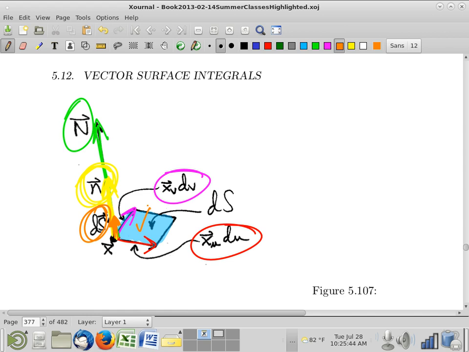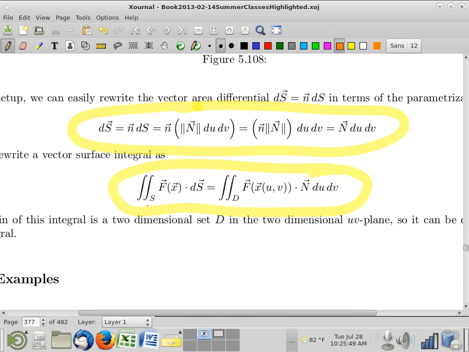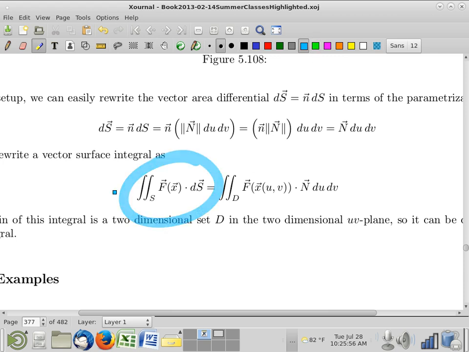And let's notice then that I've got everything that I need to compute. Specifically, if I'm interested in computing this, I'm interested in computing a flux, a vector surface integral. What I really need is to know how to compute that ds vector, which we just defined as n ds. So how do I rewrite this ds vector now in terms of the parameterization?